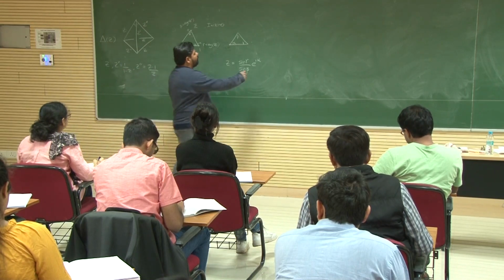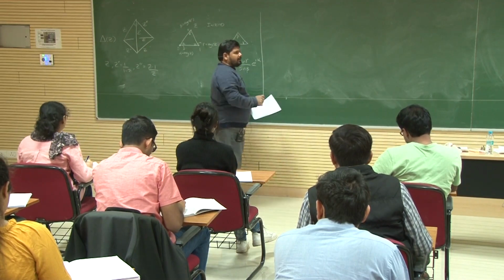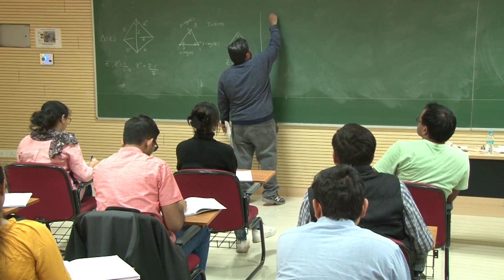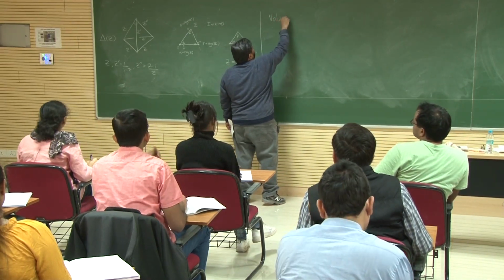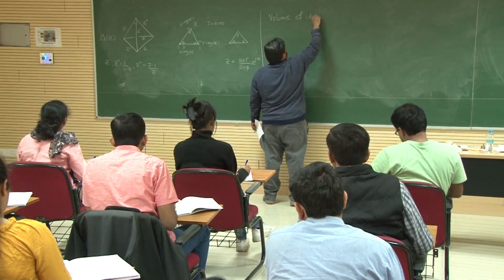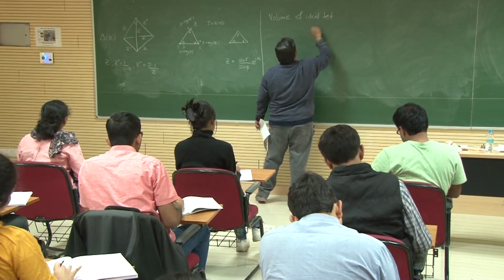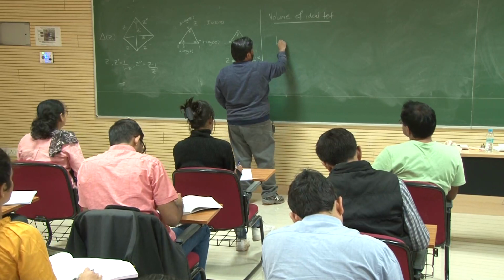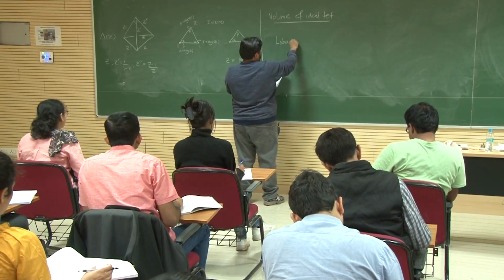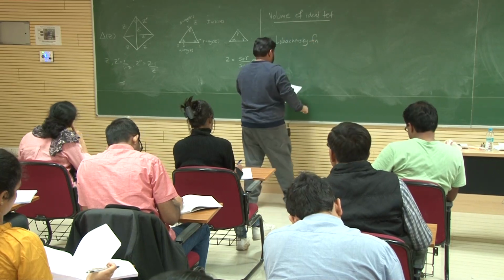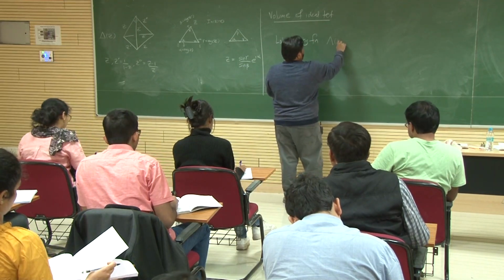So what I want to just start off with is the volume of an ideal tetrahedron. And so we have the Lobachevsky function, which is defined as an integral.